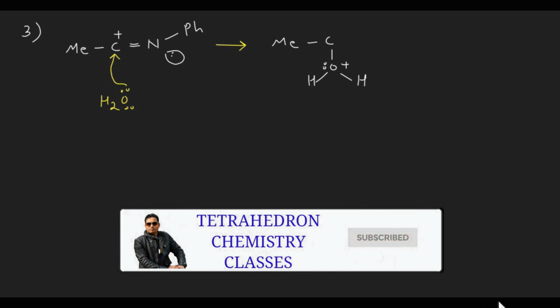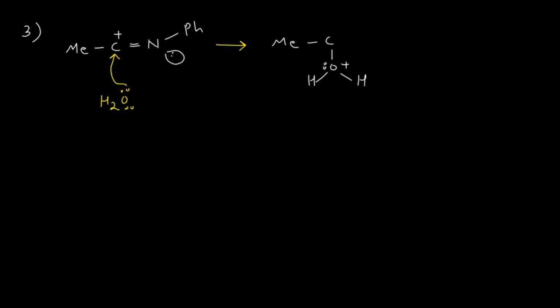This is the basic thing in organic chemistry. Every organic chemistry student must understand the movement of the electrons when they draw the mechanism of any kind of reaction. Okay, and then you see this was your double bond nitrogen and this is your Ph. And this is the lone pair.